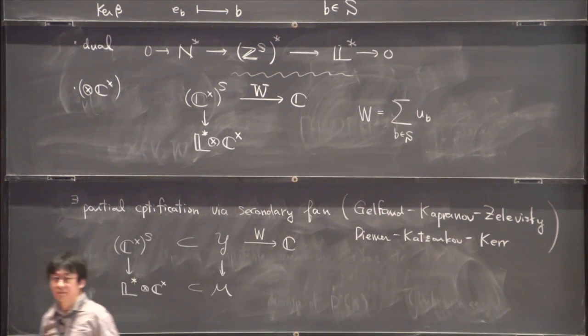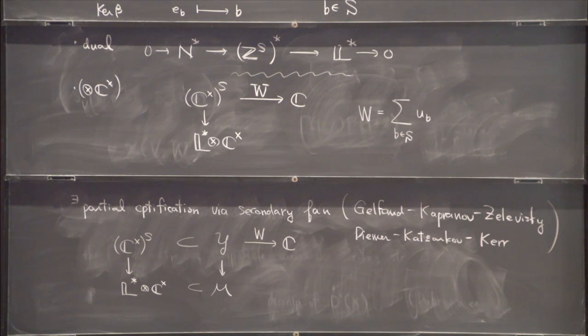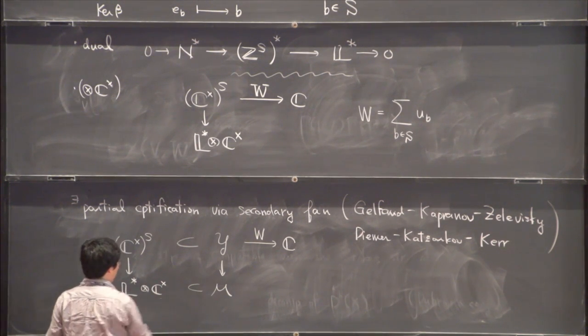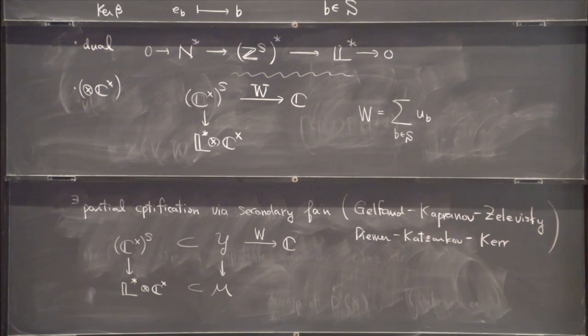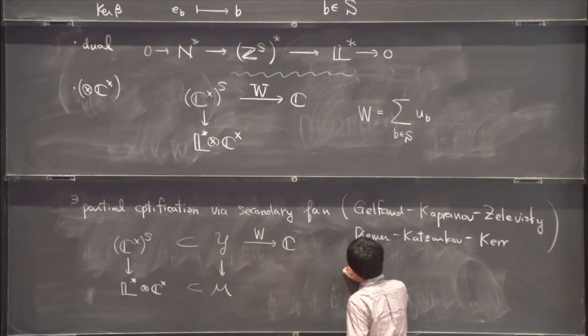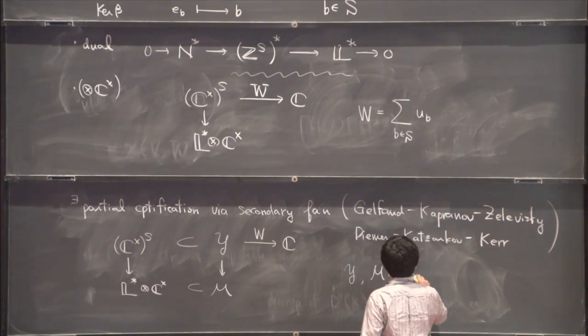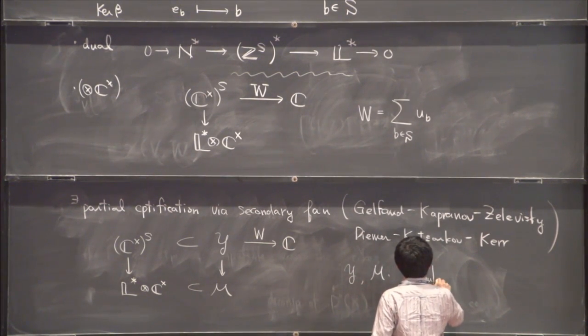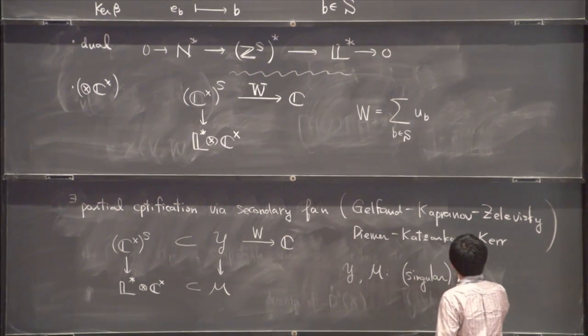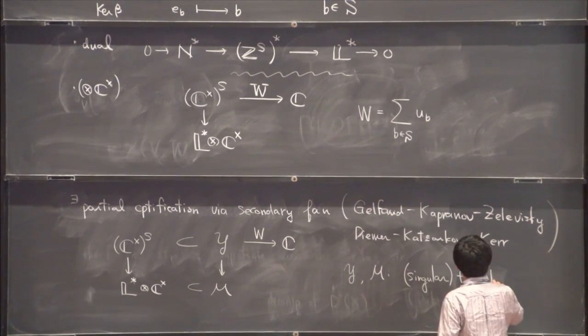This is now a classical story, but you can partially compactify these tori into possibly singular toric Deligne-Mumford stacks, Y and M.